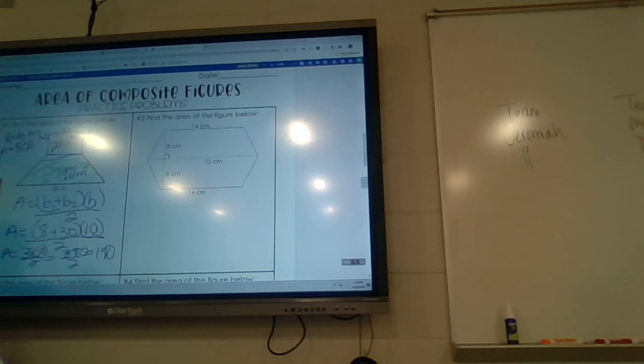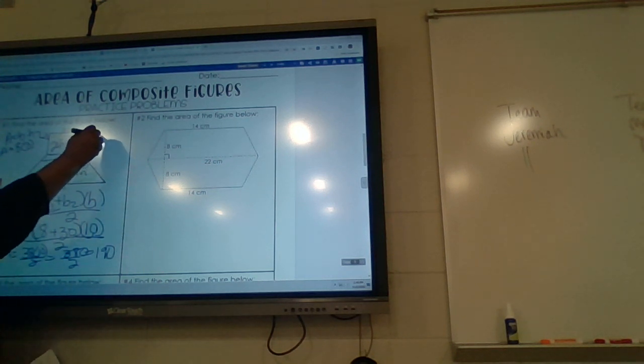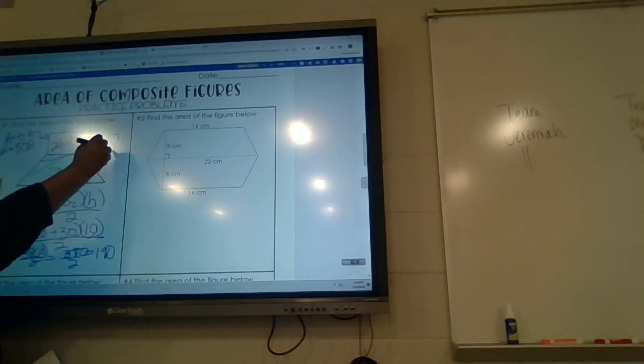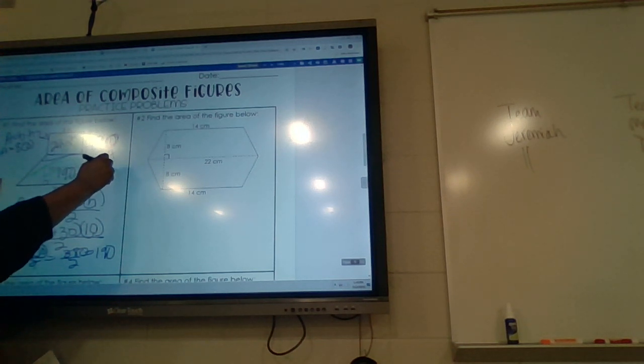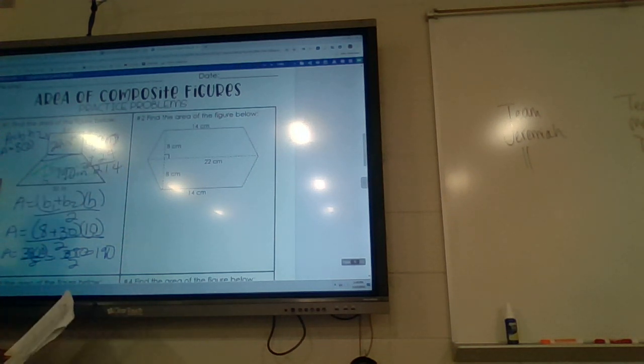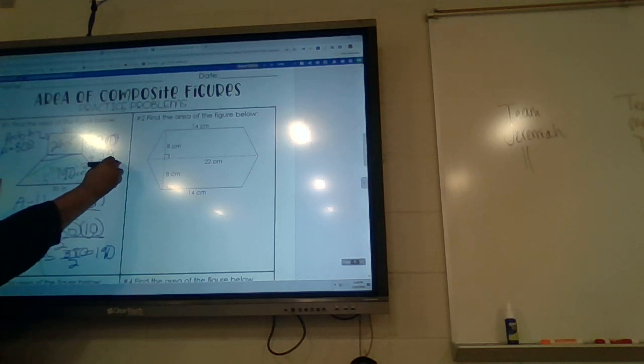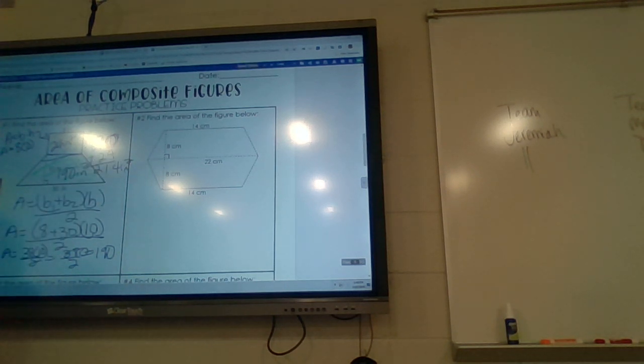Okay, so now we're going to add these together. 190 inches squared plus 24. And that's 214 inches squared. And again, if you scribble scrabble, circle it so I won't have to look for it.